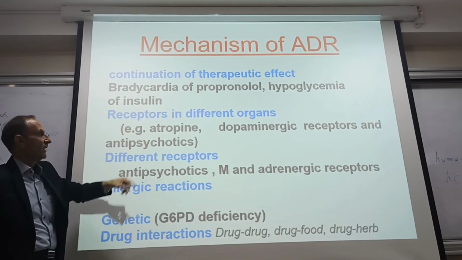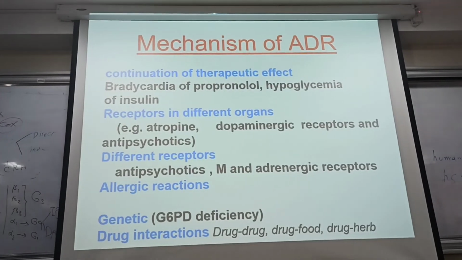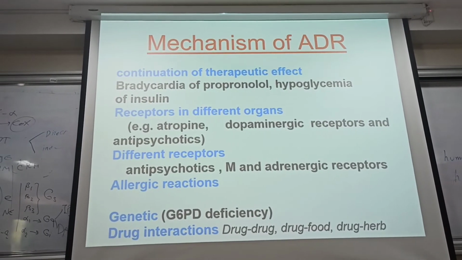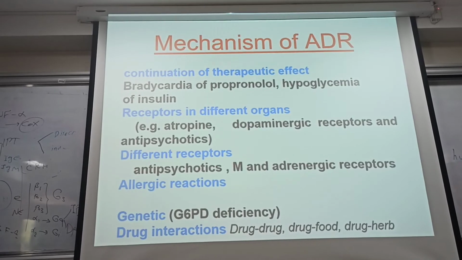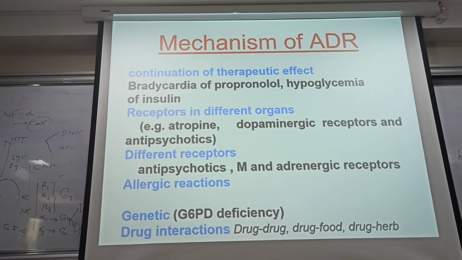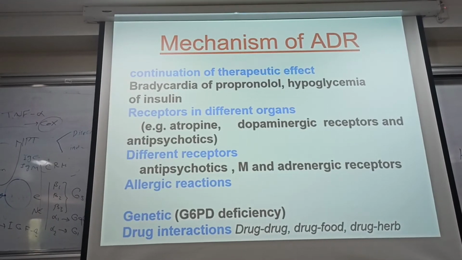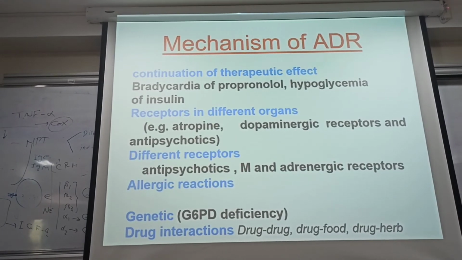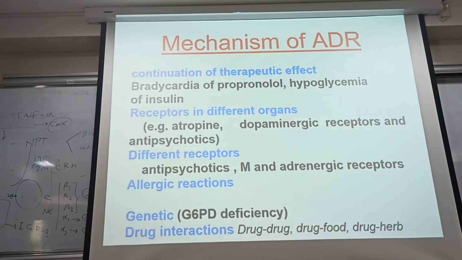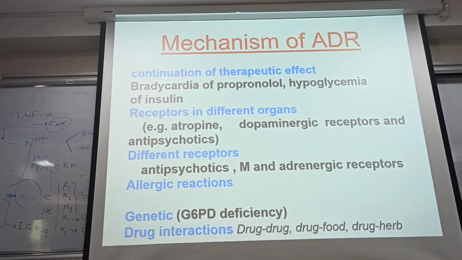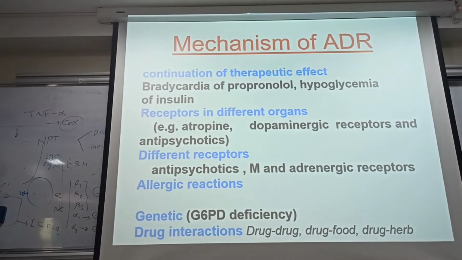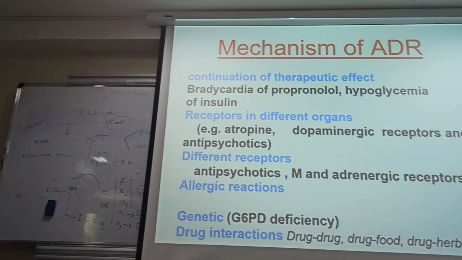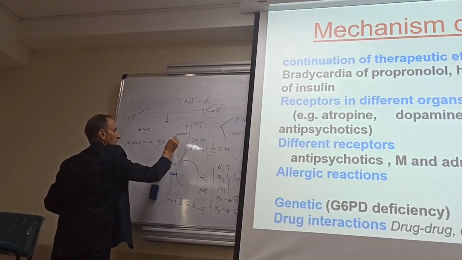We may have receptors in different organs. Dr. Sadrai will discuss that. We have muscarinic receptors in the eye, in exocrine glands, like lacrimation, salivary gland, sweat gland.